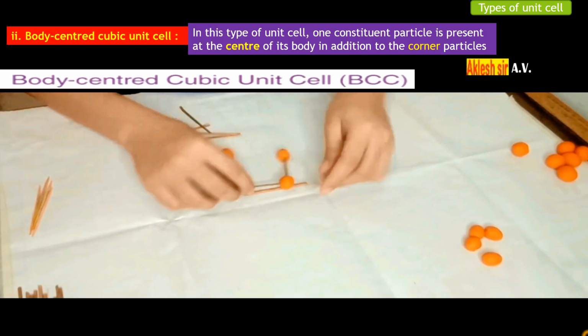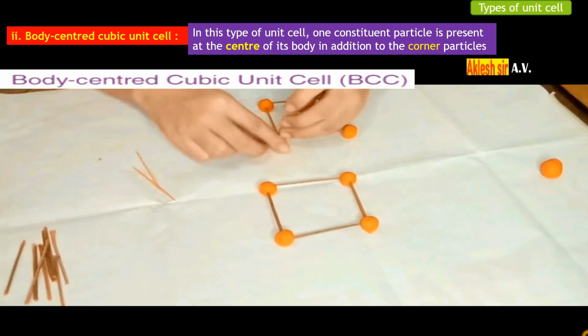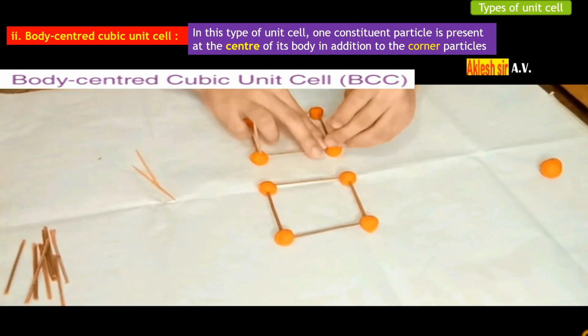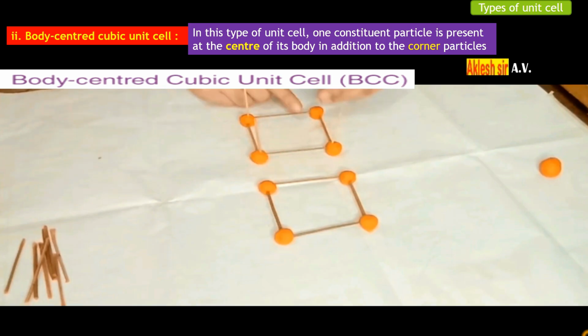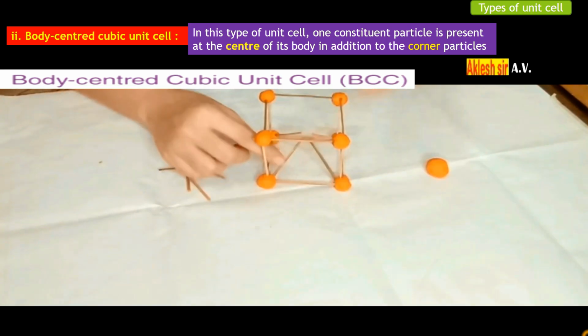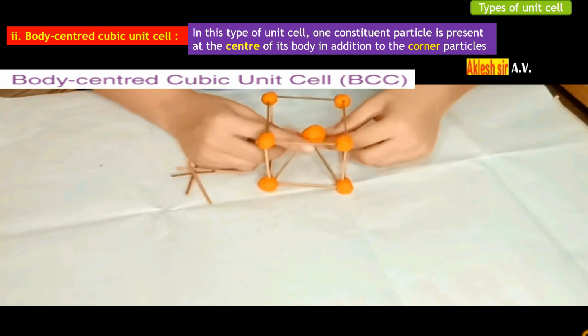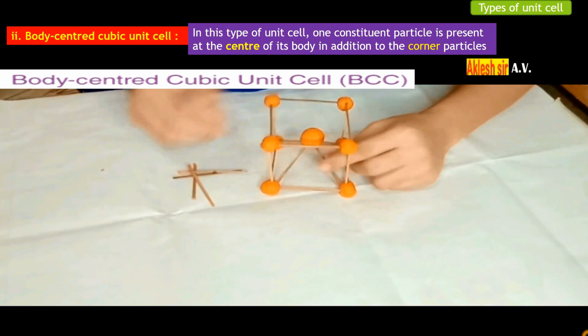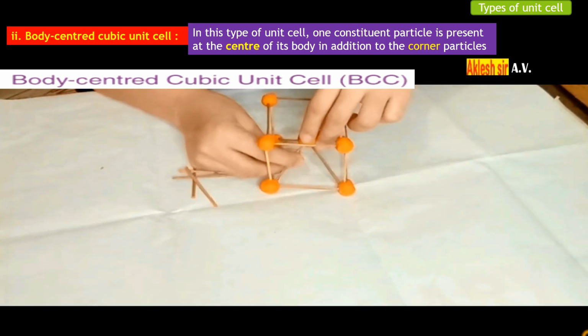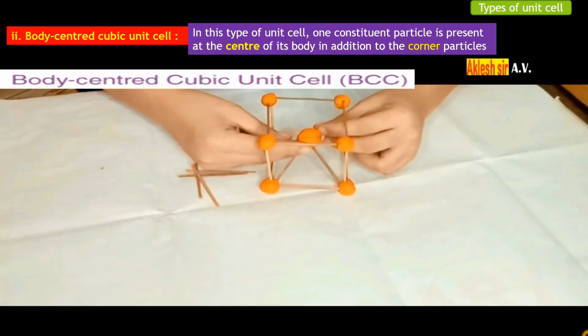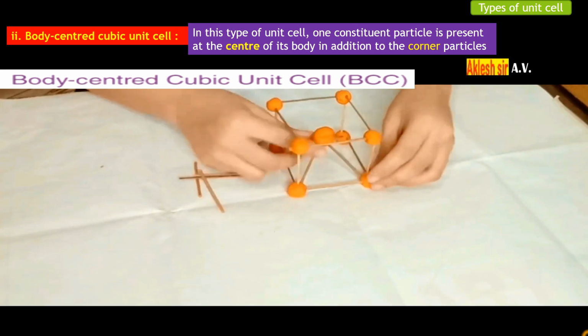Arrange 8 atoms in such a way that they sit at the corners of the cubic unit cell, and take one sphere and place it at the center of the unit cell. Here one atom as a whole is present inside the unit cell. In this way we made a body-centered unit cell.